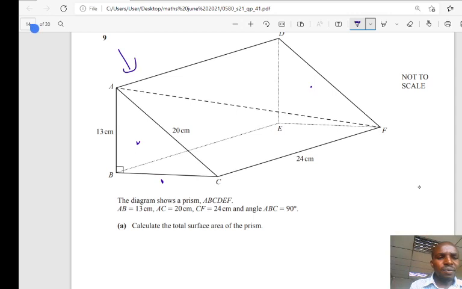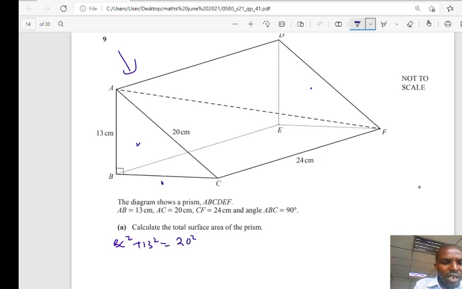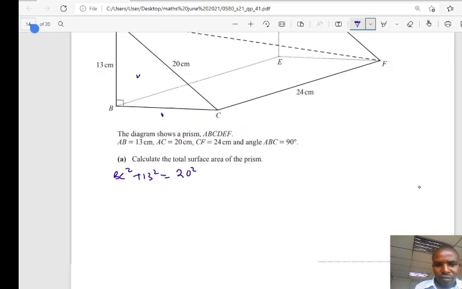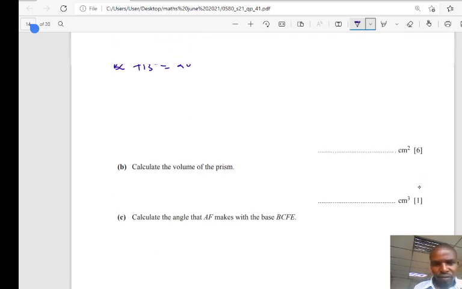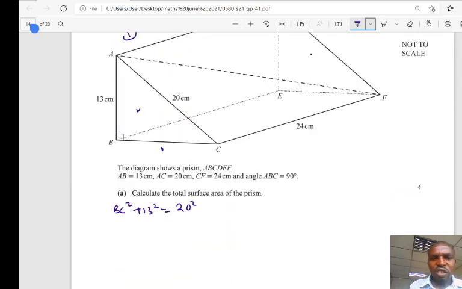First thing to find, you have to find this side BC first, right? So to calculate BC, use Pythagoras. BC squared plus 13 squared is equal to 20 squared. So BC squared is equal to 20 squared minus 13 squared.